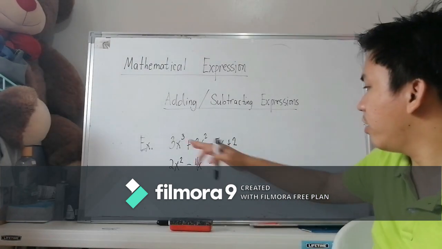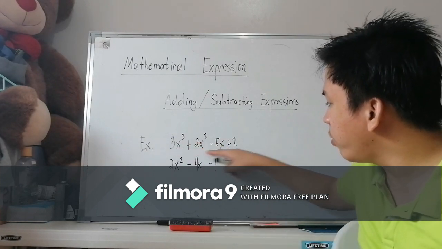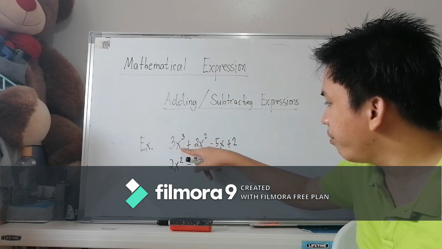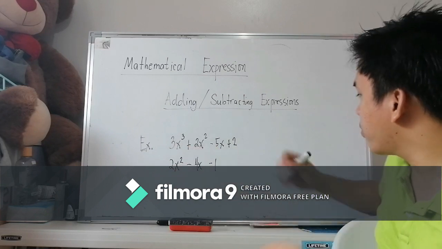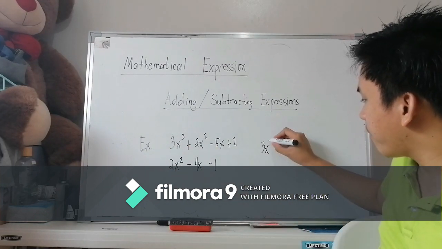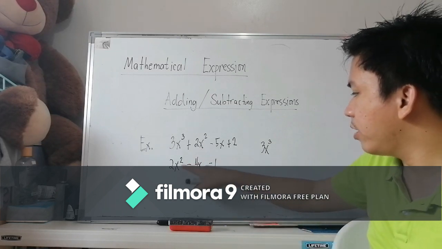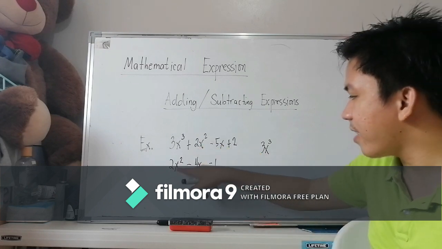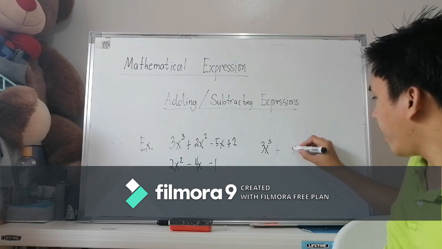So let's say this one. If you have to add these terms, you have to check if there is another x cubed here. No, so you just have to copy that. 3x cubed. For x squared, you have x squared here. So they have the same sign. So you just have to copy the variable. So that's x squared.